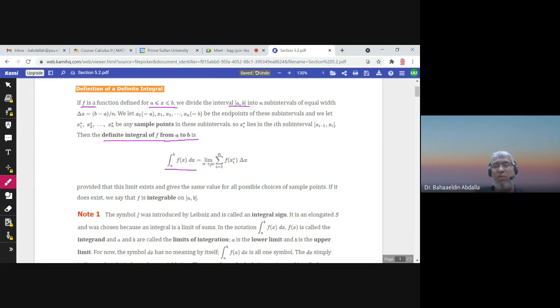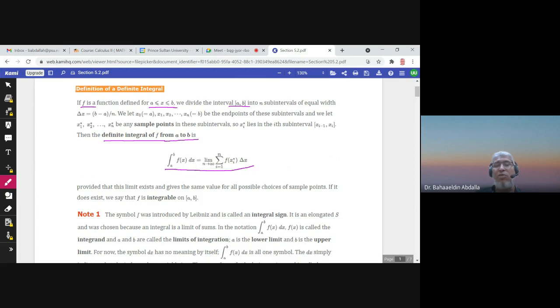So this is the limit of Rn, but we are going to call it here the Riemann sum. So the limit of the Riemann sum is the definition of the definite integral.